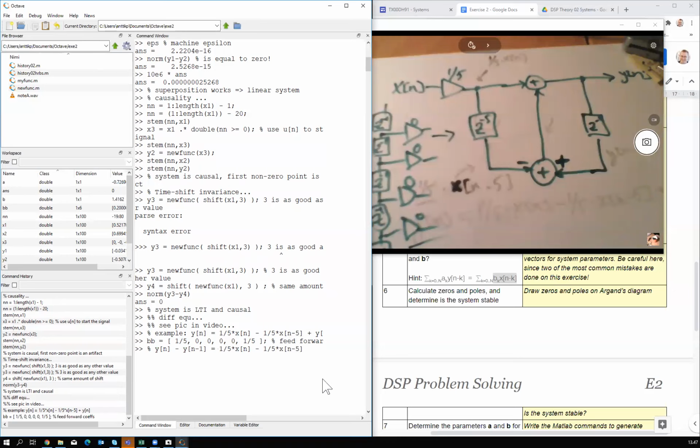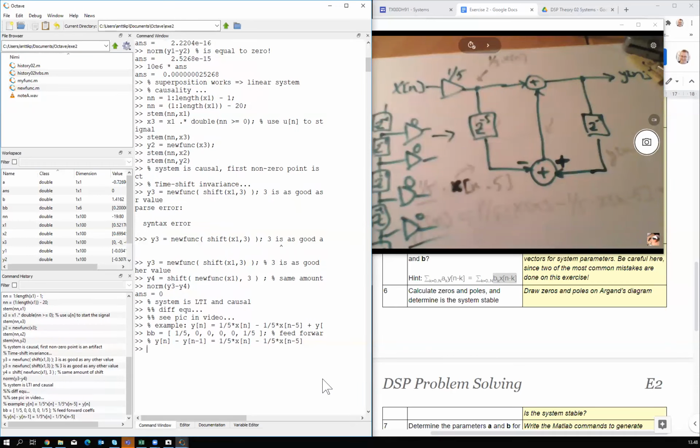So this is actually the same difference equation, but now all y coefficients are on the left and x coefficients are on the right. And then we have A equals 1, minus 1.